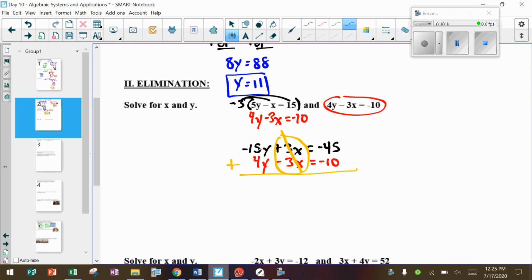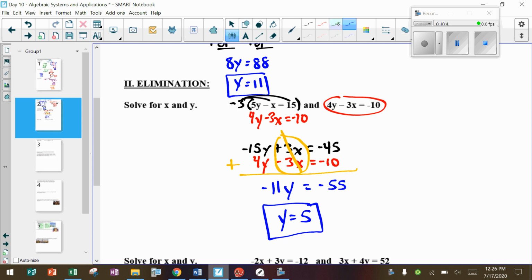So if I do negative 15 plus 4, I get negative 11y. And negative 45 minus 10 more is negative 55. Now I just simply divide by negative 11 and I get y is 5. So after I do the manipulation with the equations, something cancels and the last couple steps are very easy.